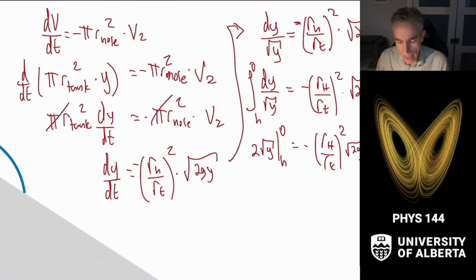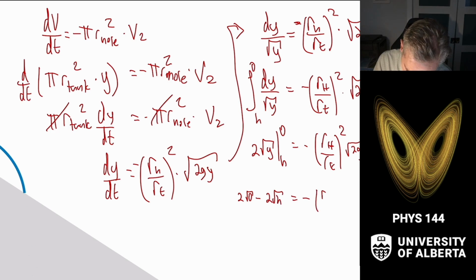All right. So at this point, we have got our integral set up. We can evaluate the right side. So this becomes 2 times the square root of 0 minus 2 root h is equal to minus RH over RT quantity squared root 2g times t. And I want to solve for t. So the negative signs cancel.